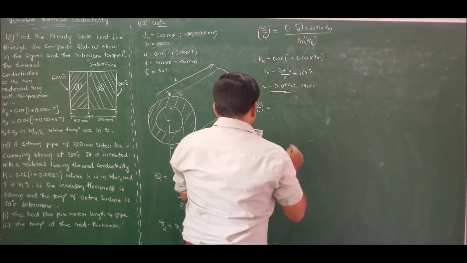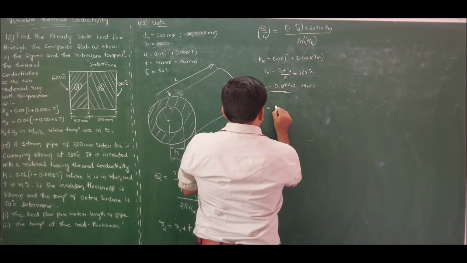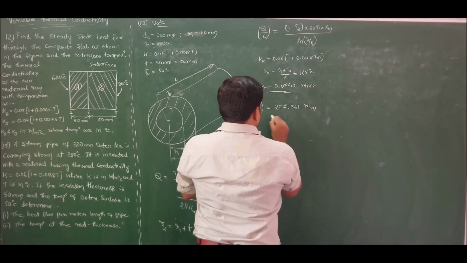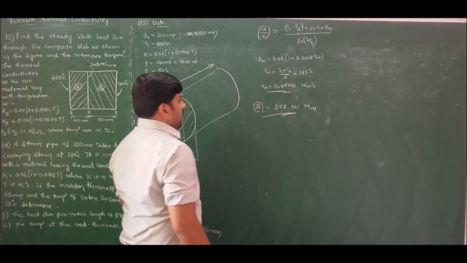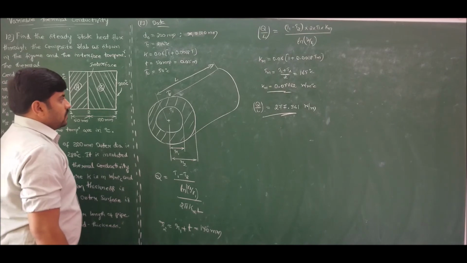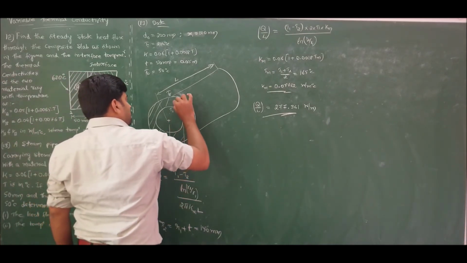So therefore, heat flow per meter length is turning out to be 277.361 watt per meter length. So we have calculated the heat flow per meter length. Now I want to find the temperature at mid thickness.